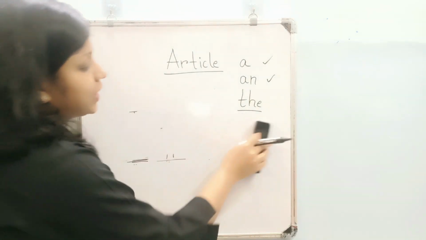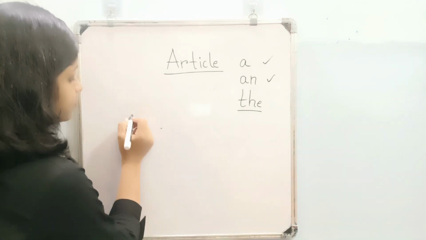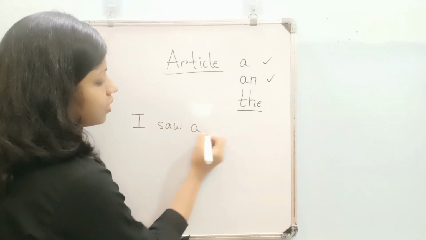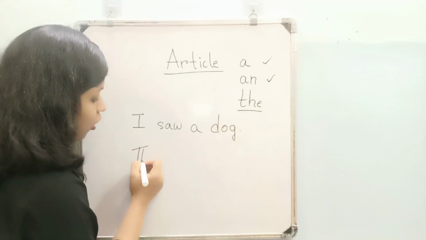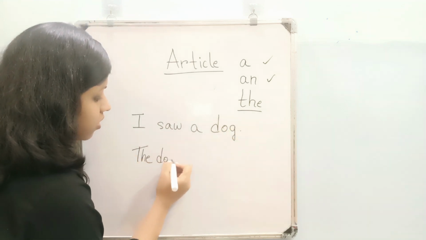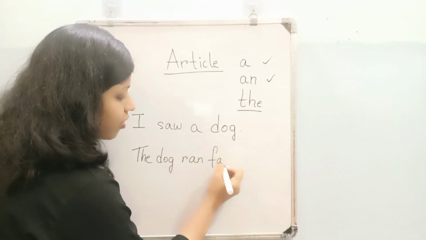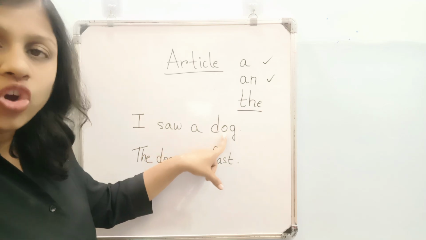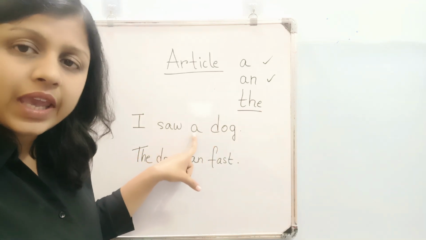I will explain with one more example. I saw a dog. The dog ran fast. Here there is a word dog. Here we have used the article a.